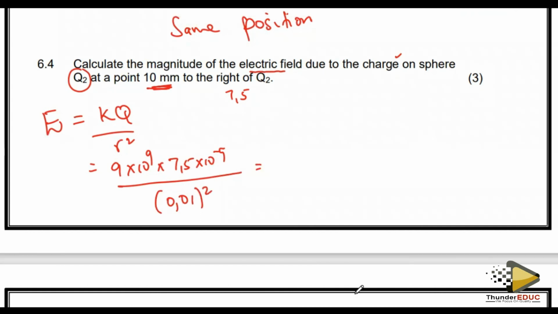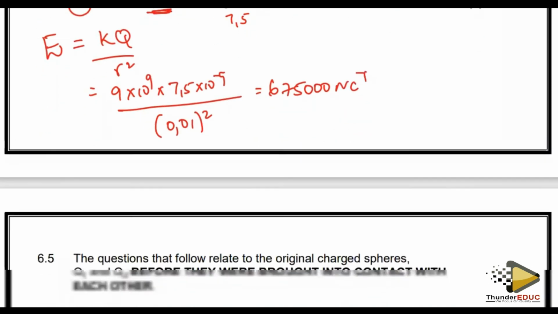Alright, so when I do my magic, I'm having 675,000 newtons per coulomb.